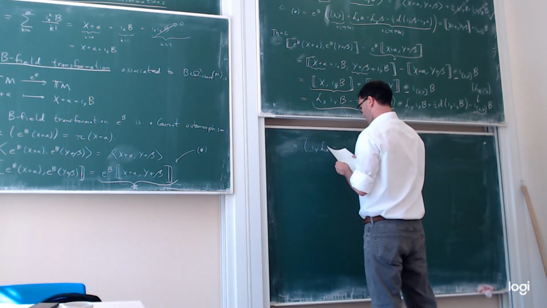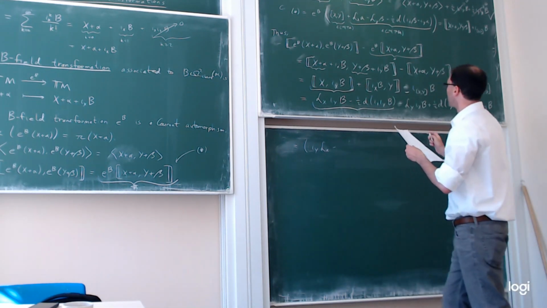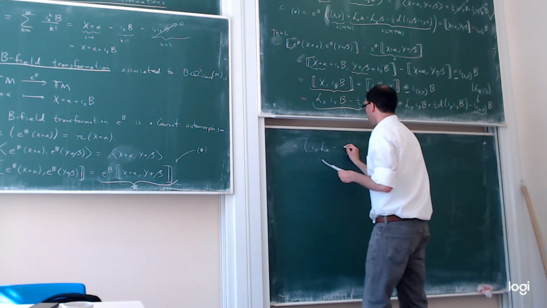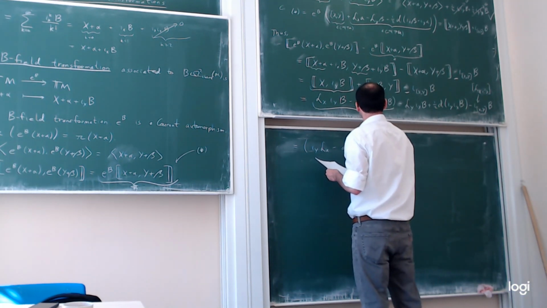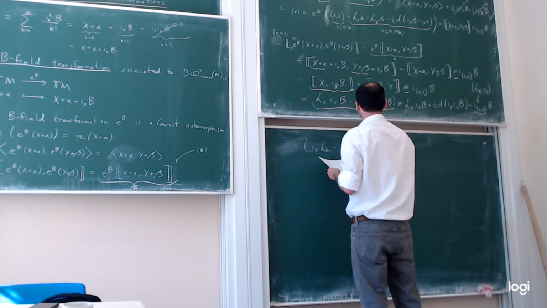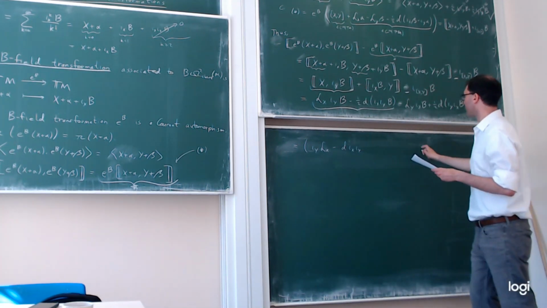So minus the exterior derivative of the interior product of x and the interior product of y with b, which is going to go over here.